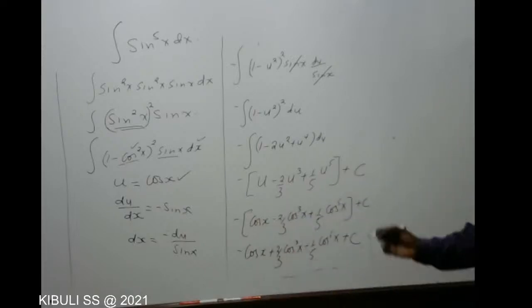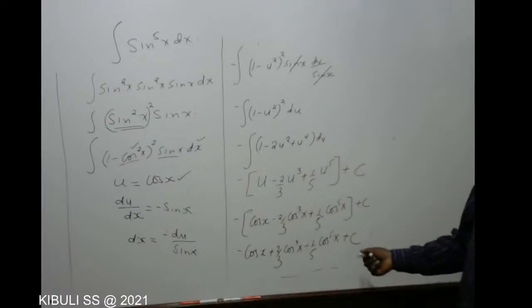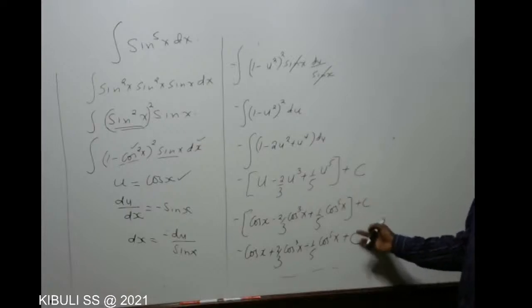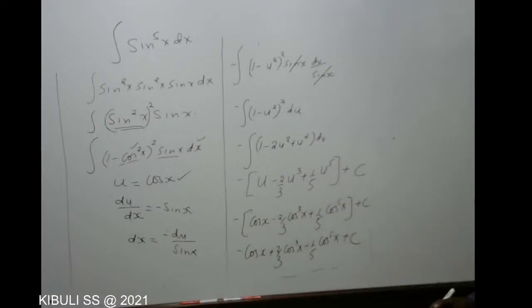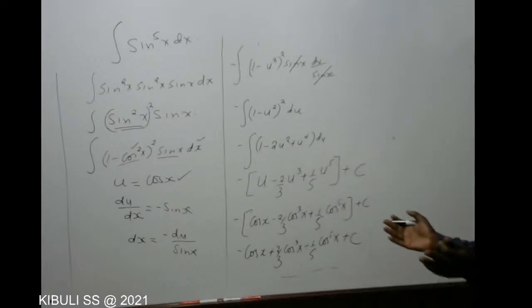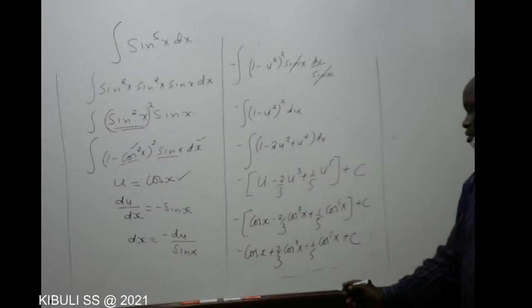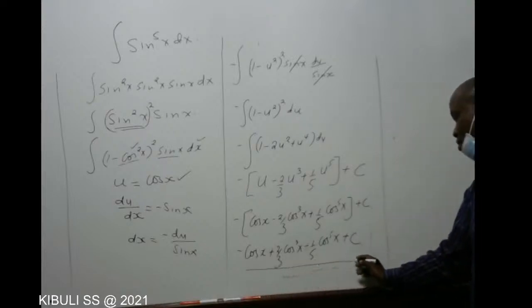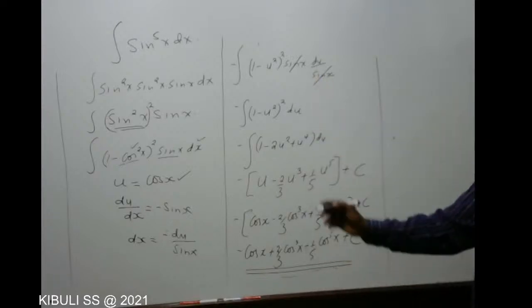After all, negative 2 and positive 2 means it is a constant. So don't start wondering why this is a plus and it wasn't. The constant here is independent of the sign. Whether you put negative 2 or not, negative 2 and positive mean the same thing, it is a constant. And finally, this is the integral of sin power 5x.